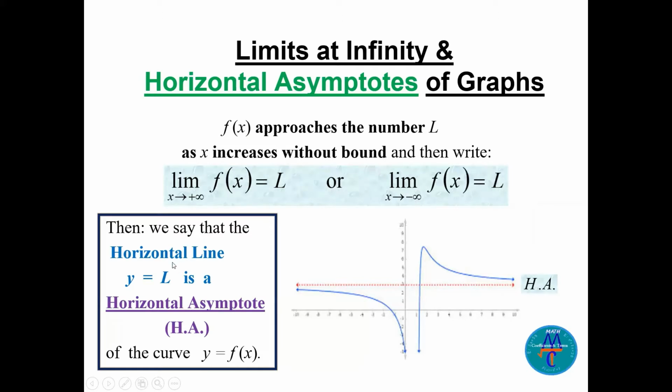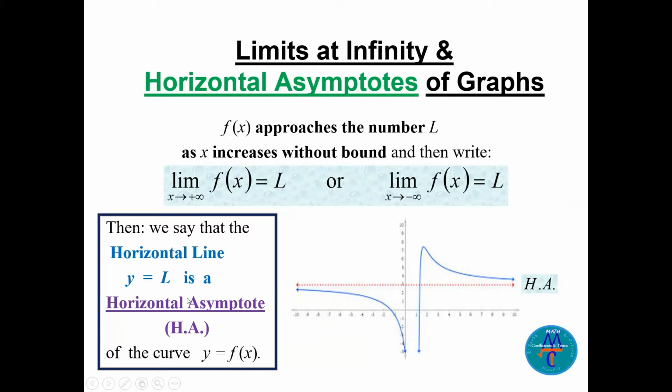So we can say we have a horizontal asymptote. x goes to plus infinity means we go in the direction of the positive x, and x goes to minus infinity means we go in the direction of the negative x. Then we can conclude that y equals L is a horizontal asymptote. That's a line here, this red line.